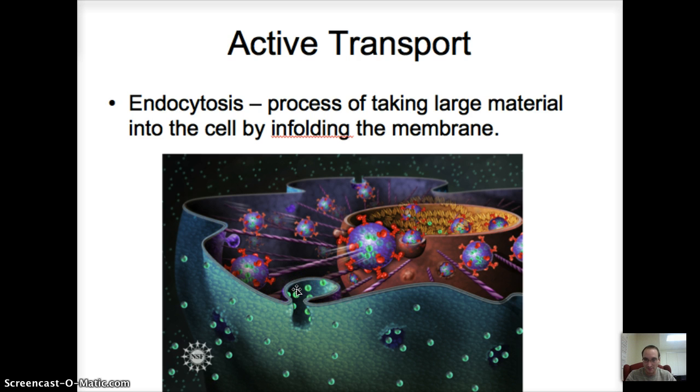Let's say that this is a virus, and the cell is actually inviting this virus in because it recognizes it, and what's going to happen, it's going to hook up to a lysosome. The lysosome will release its digestive enzyme and destroy all of those viruses. So your cell does a massive transport, and it takes large material into the cell by doing this. And it lets more things in at a quicker rate.